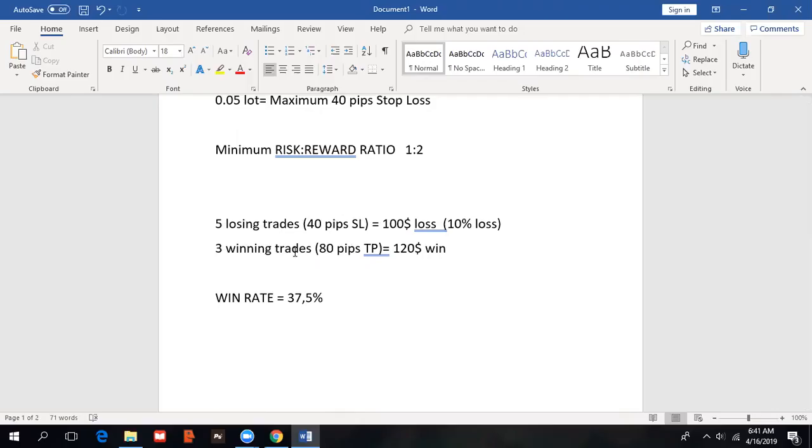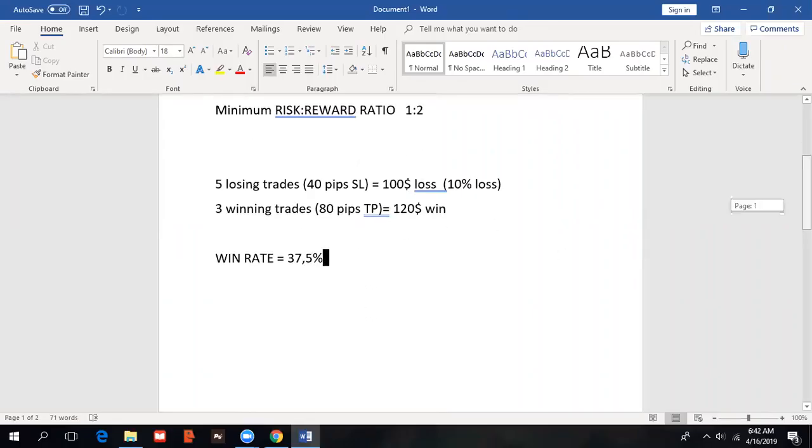So let's say today is Tuesday and I lose 5 trades, and by Friday I win 3 trades. I will end the week with $20 in profit. Even though my win rate is very bad, is only 37.5%, I still make profit. And that's why your win rate is relevant only when you use a good ratio.